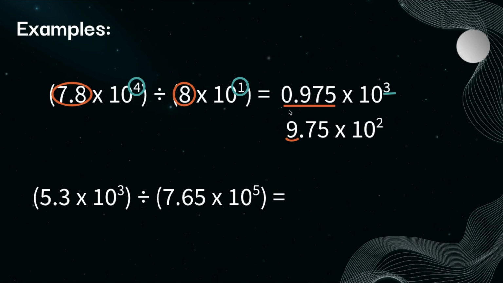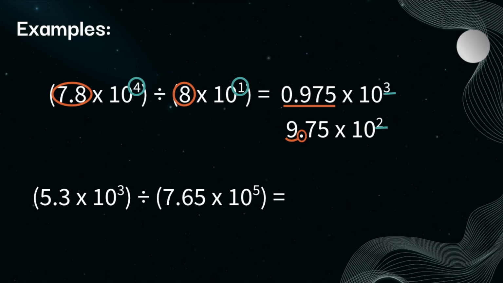And do you guys remember what happens when we move the decimal to the right? We subtract, yeah? So the final answer, if we move the decimal place to the right, would be 9.75 times 10 squared. So now try to do the second one and see how we do on that part.